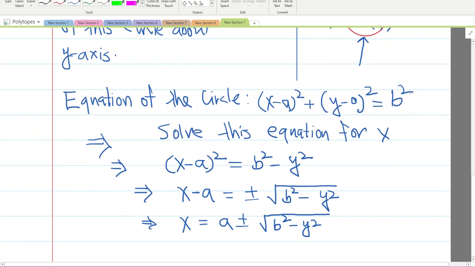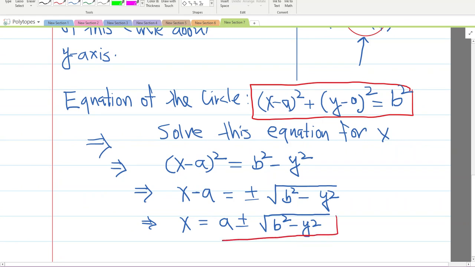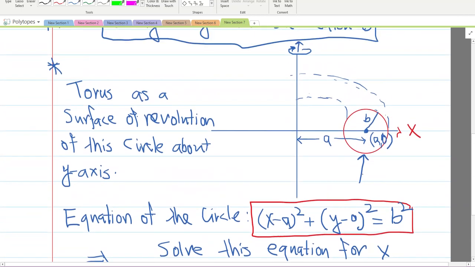If we solve this equation for x, we get x equals a plus or minus the square root of b squared minus y squared. If we take the positive, we get x equals a plus the square root of b squared minus y squared.